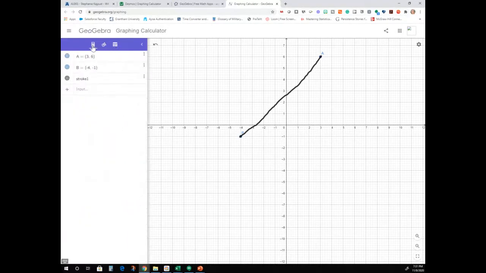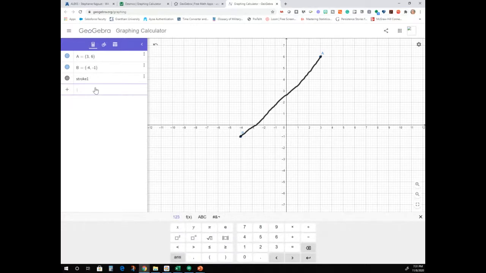And then I can go back to the calculator here. And so let me put in the midpoint and let's see how good my line is. -1/2 and 5/2. Okay, so my line is not perfect, but you can see, at least visually, that it does look like it's the halfway point between these two points.